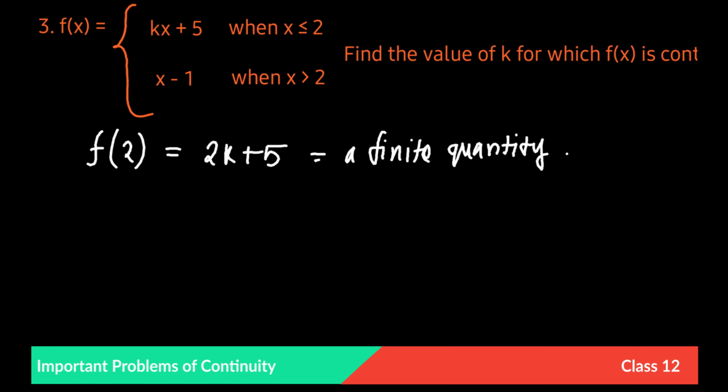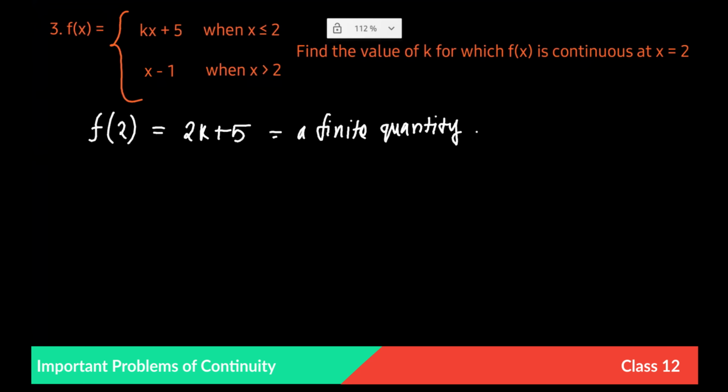Okay, finite quantity. Now we have to find here LHL and RHL. So here it is said f(x) will be continuous at x equals 2.